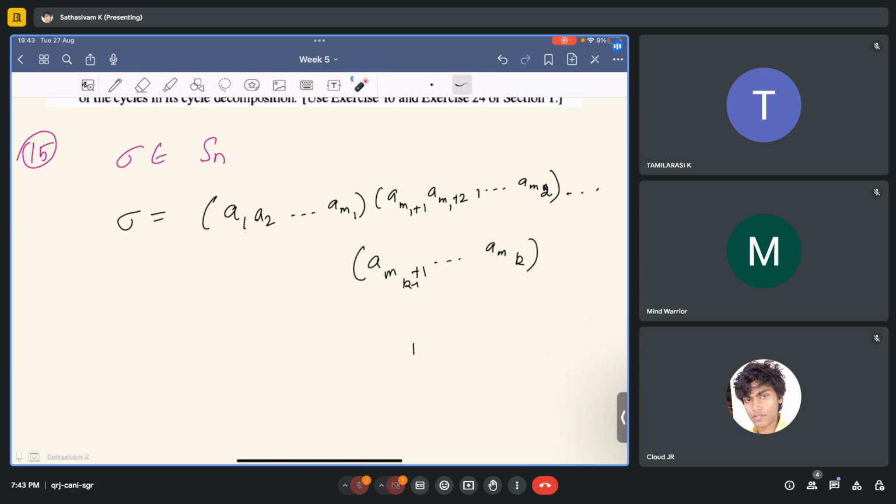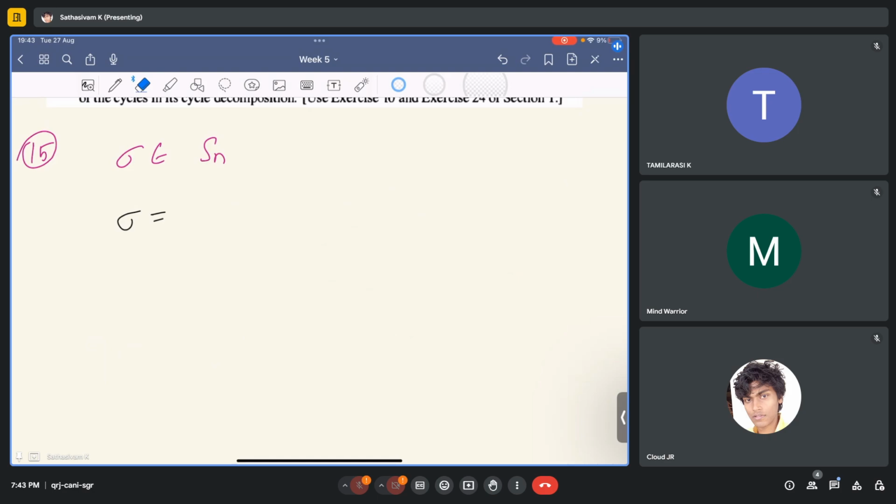So this is usually how people write the cycle, but for us it's not a really good idea. So I will just write it a little bit differently. So I will write it as A1, A2, AR. Let me write.